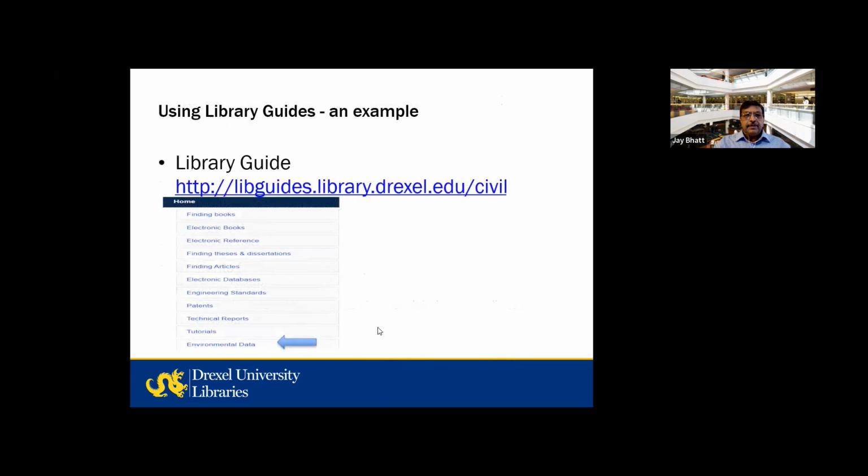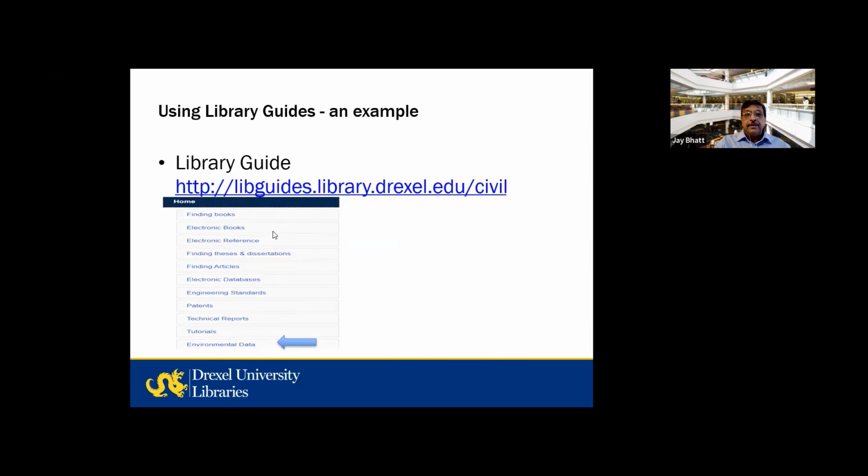Here is an example of a library guide that I have prepared for our civil architecture, environmental engineering students, in which they also need to find data. And you will see that there is a section on environmental data there, in addition to books, electronic books and journal articles.